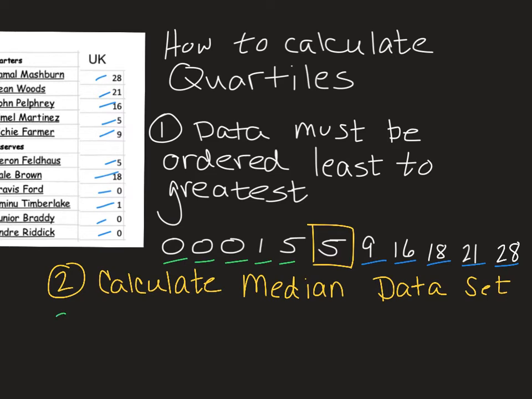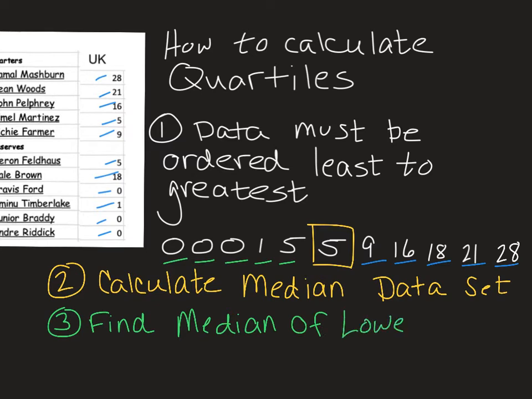Our next step is that we need to find the median of the lower half of the data set. When I talk about the lower half, I'm talking about these guys right here. Because basically the median acts like an axe that chops the data in half.